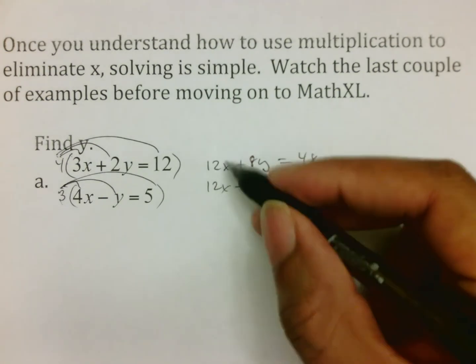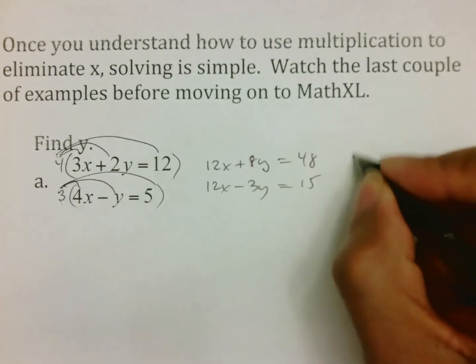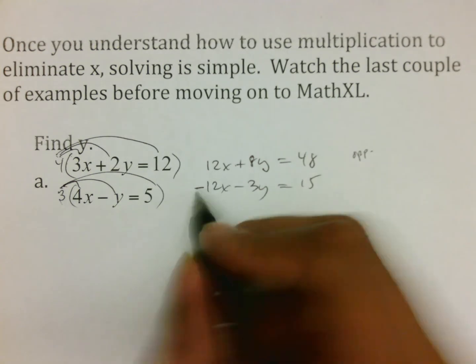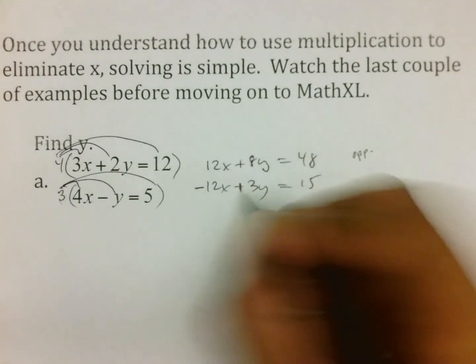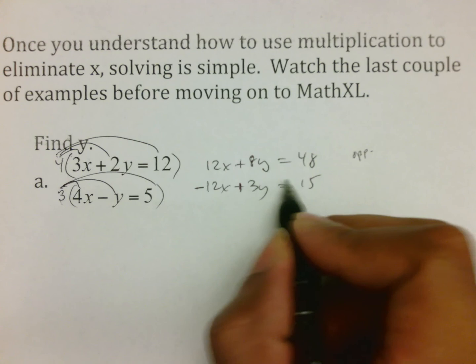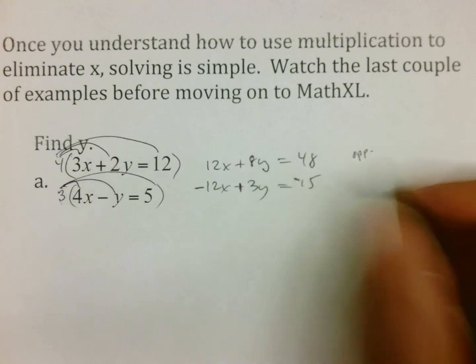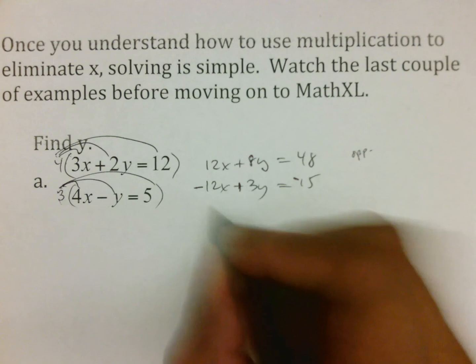Remember again, we want our x to eliminate. That's why we call it elimination. So we need opposites, which means we switch every sign. That becomes negative. This becomes positive. And just to make sure, what some people do is they put the negative here. Make sure you put the negative somewhere where you can see it so you don't get lost and you don't forget it's there.